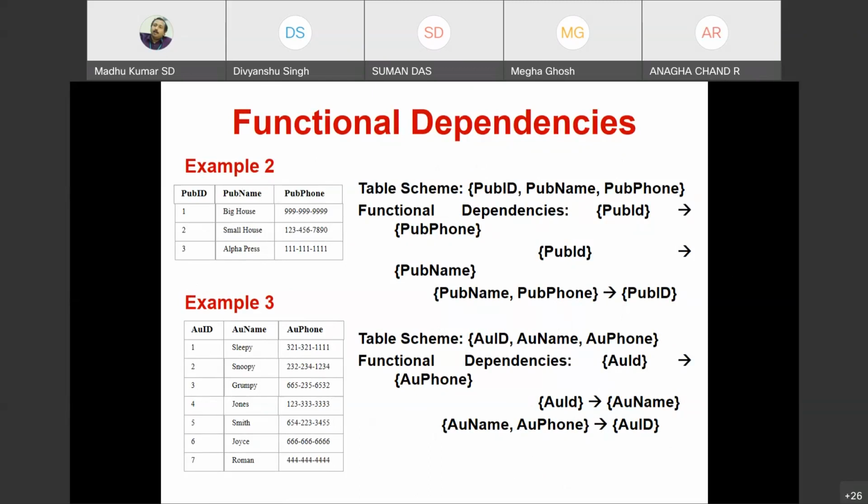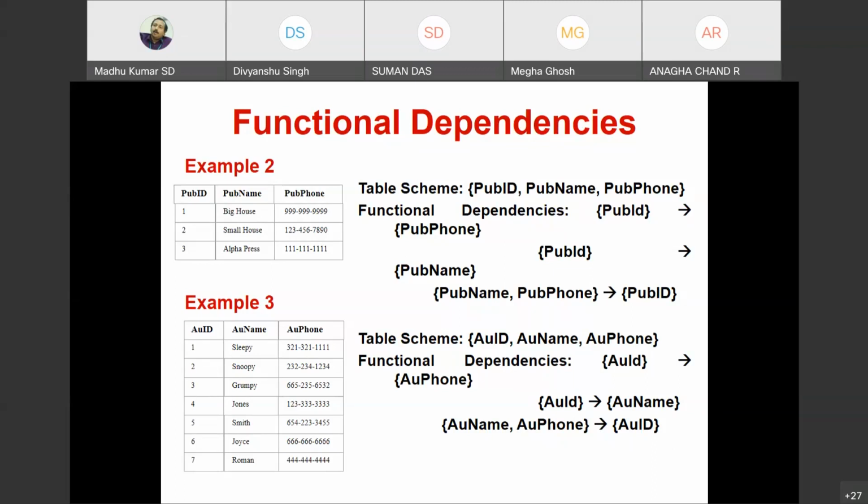Okay, very good. Functional dependency is the formal way of representing the meaning of a table. So how name and roll number are related, or how name and age are related. Can a student have multiple roll numbers, or can multiple students have the same name?